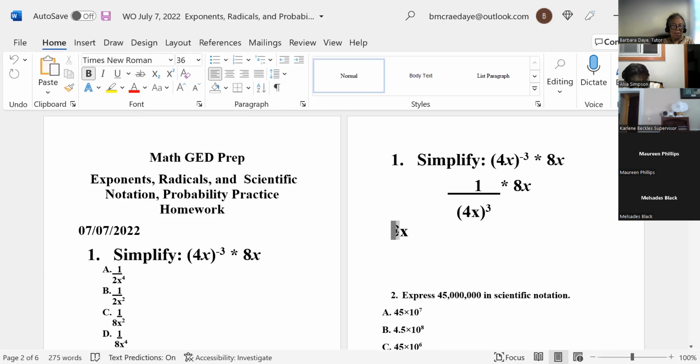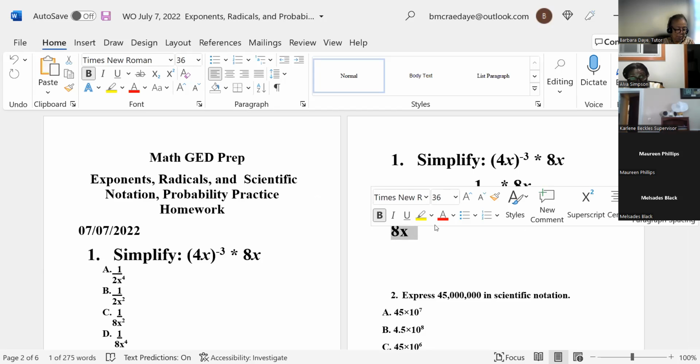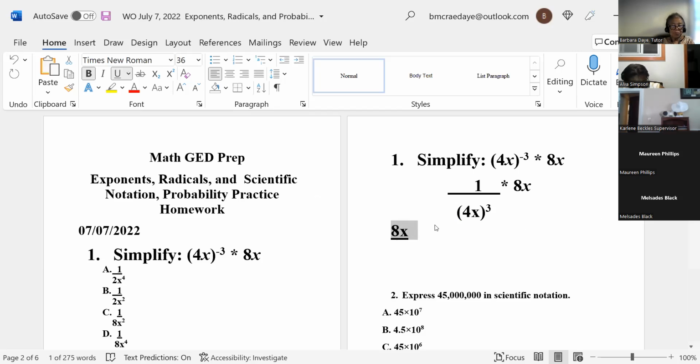Now, what does that really mean, Maureen? 4x to the third. What do you do with the 4x? You multiply it 3 times? That's right. You multiply it 3 times. And what do you get? 64. And what do you get for the x? When you have the third power, you're raising everything in the parentheses to the third.